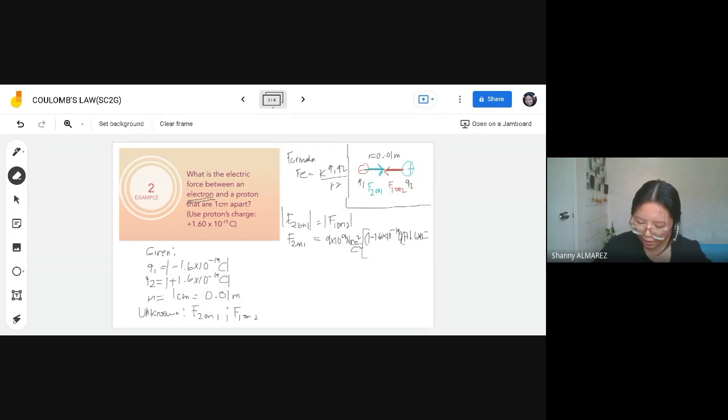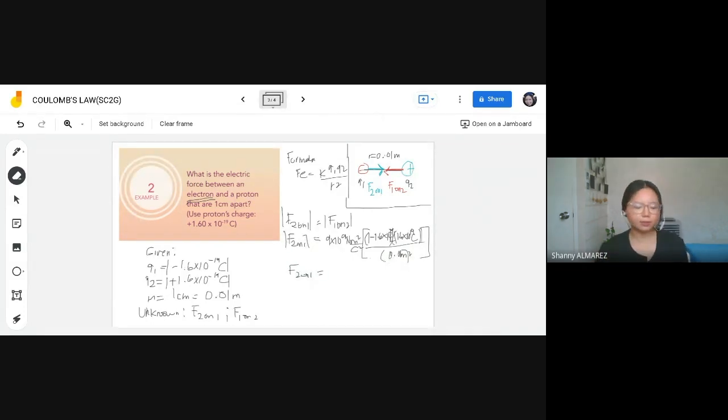Liit-liitan ko lang konti. So we have, dahil hindi siya kasya, 10 raised to negative 19. Ayan. Tapos yung isa ay negative 1.6 times 10 raised to negative 19 Coulomb. So parehas sila in Coulomb. All over 0.01 meter. Ilan ang magiging value ng ating F2 on 1?